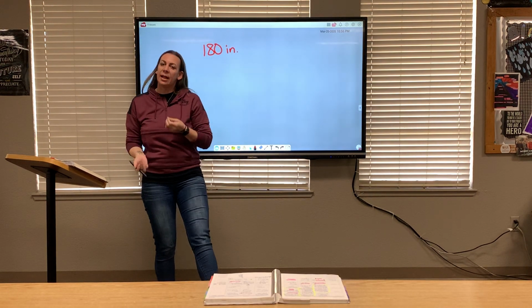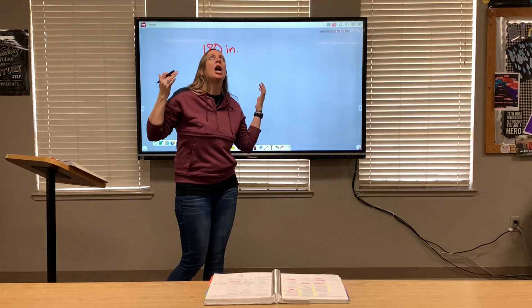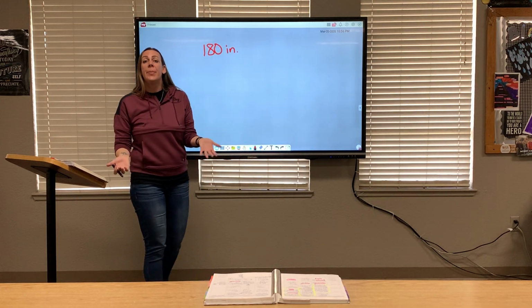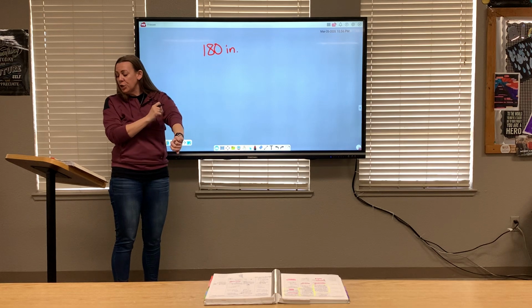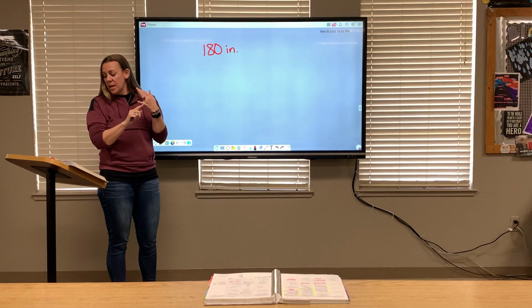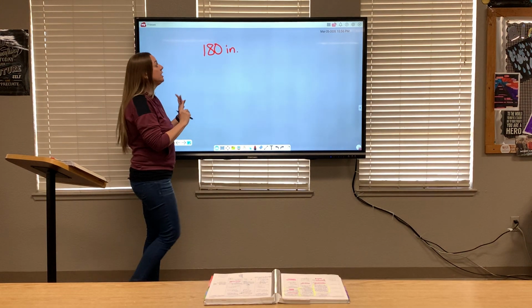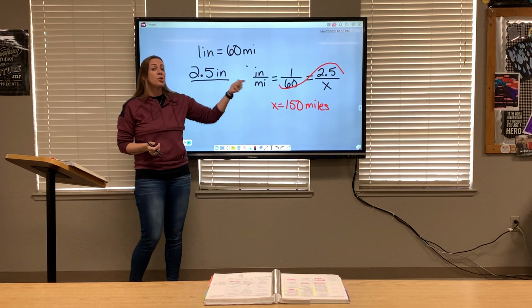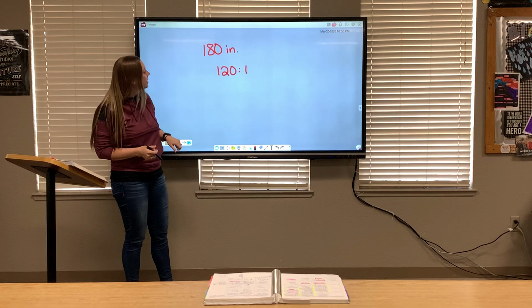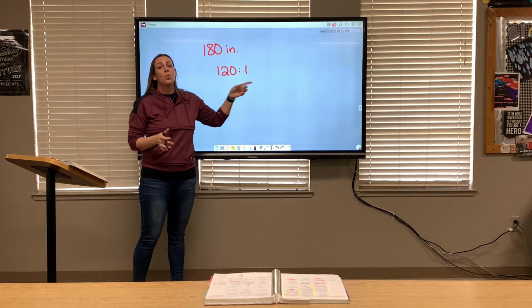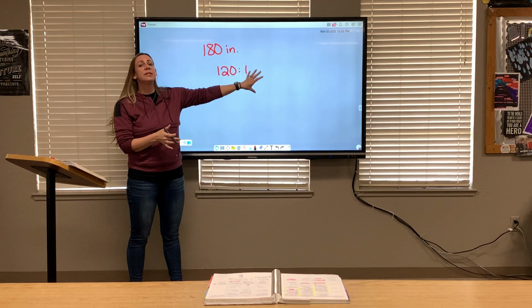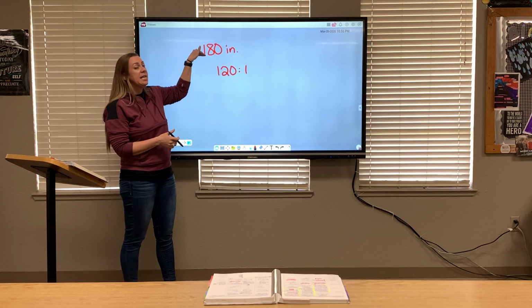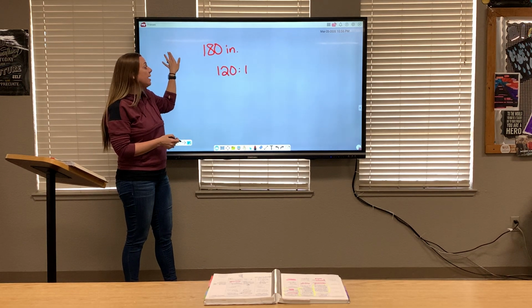That is not reality. You cannot have a strawberry that is 180 inches tall. But we know that the conversion is 120 to 1. Okay. Now they don't give us any measurements. If they don't give us any measurements there, what we're gonna assume is that it's all the same measurement. So 180 inches is in real life.